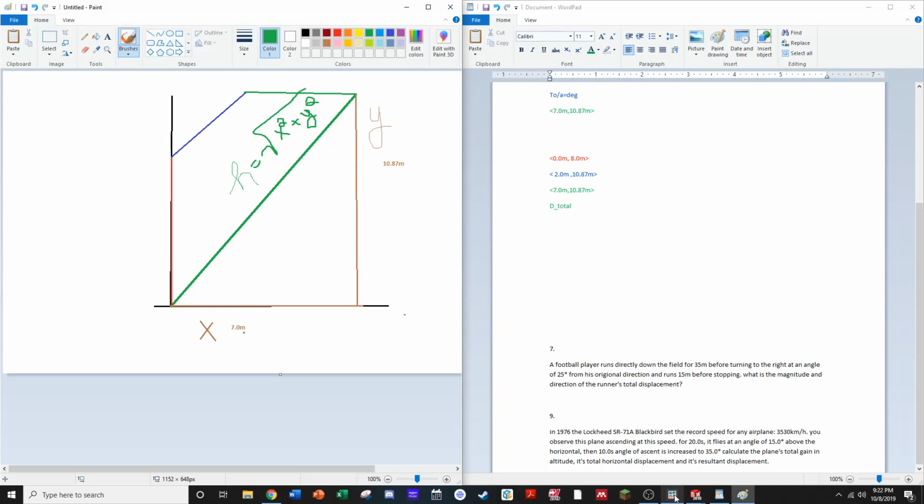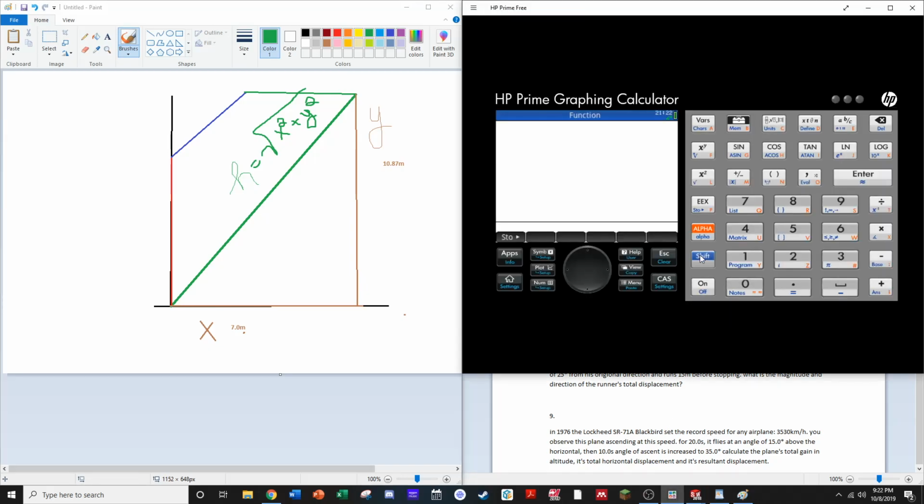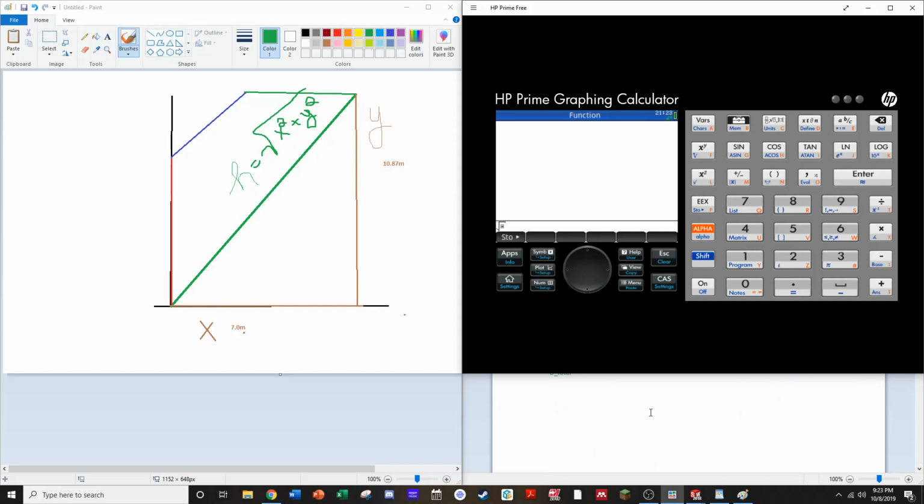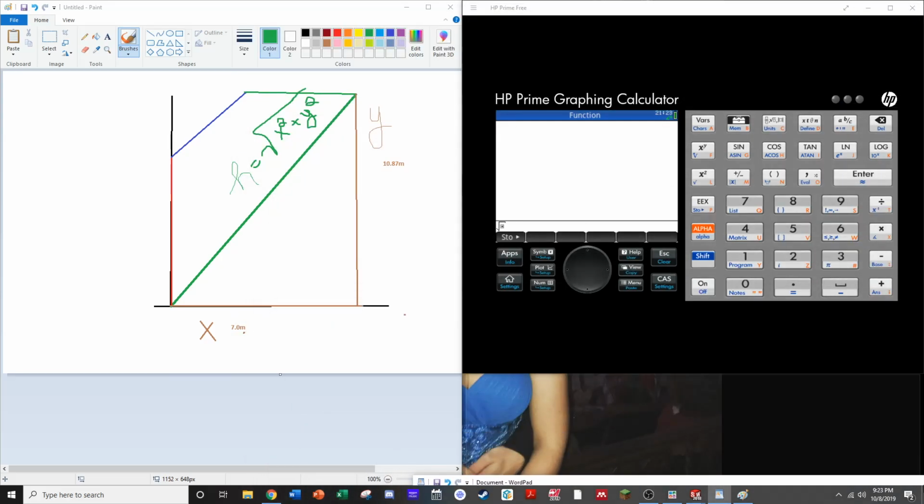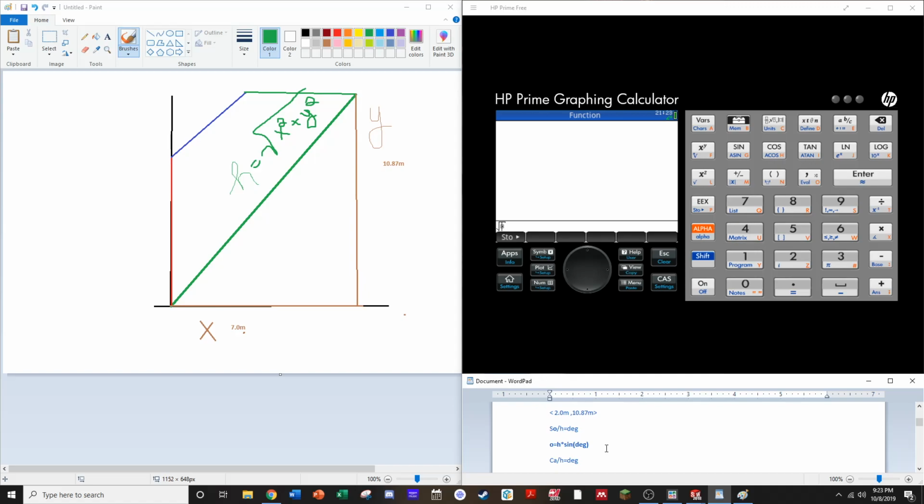So we're going to take that over into our nifty little calculator, and it's going to be square root, and our x value, 7.0 squared plus our y value, which is 10.87 squared, because it's the max distance at this point right here, and since this starts at what we call the origin, it gives you the actual distance of your hypotenuse.